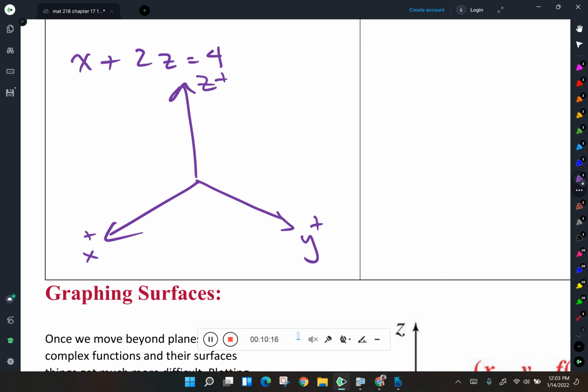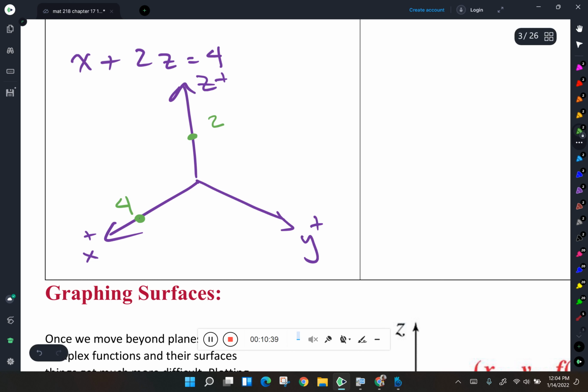If I try to find the intercepts, I can still find the x-axis intercept. The x-axis intercept over here is going to be at 4 if I set z to 0. The z-axis intercept, if x is 0, is going to be 2.